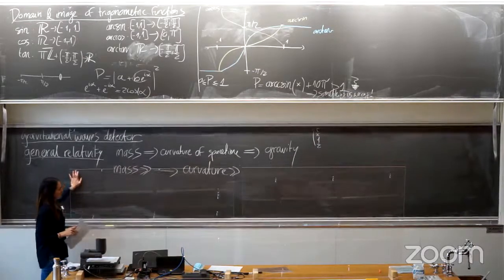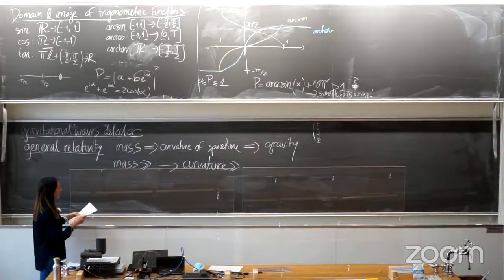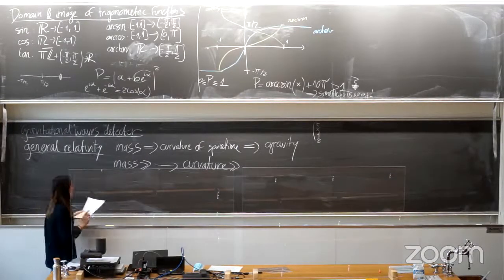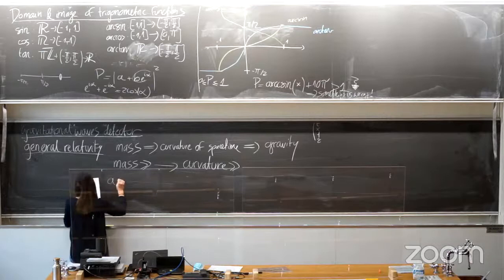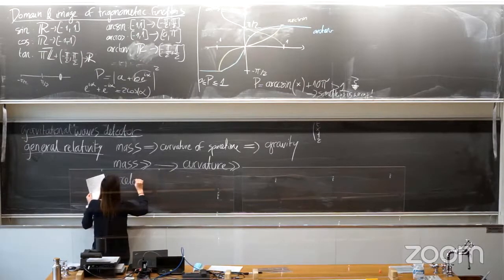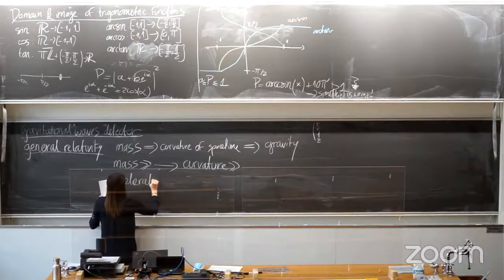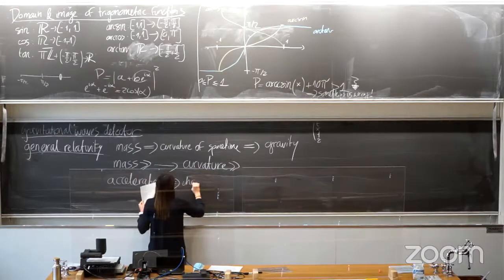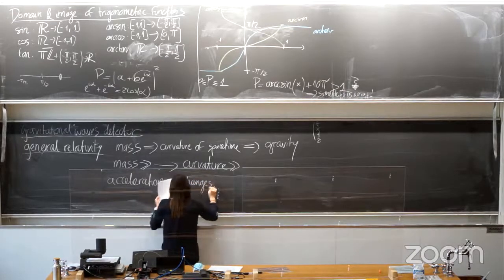So this is, again, a simplified version of what general relativity tells us. And it tells us something additional: if we have an acceleration, we have changes in the curvature.